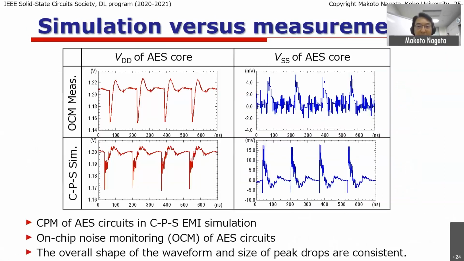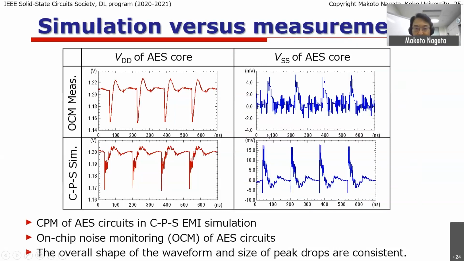In detail, in this case, the VDD side and the VSS side of the AES core are simulated using the chip package system board models and compared with the measurements done by the on-chip monitor. The size and the wave shapes are almost equivalent.